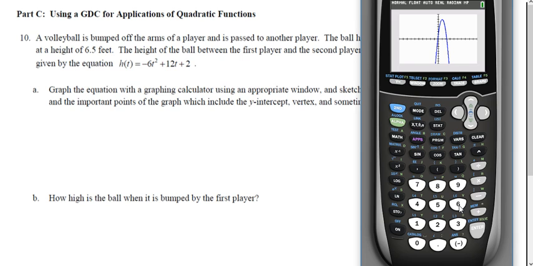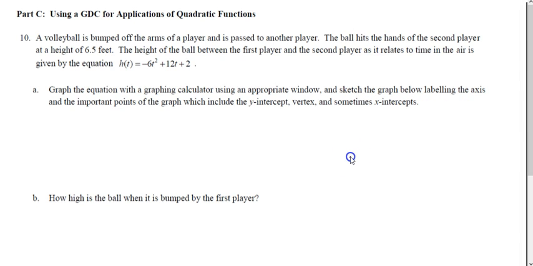Okay, so, ball, second player, what's the situation? Bumped off the arms of the player and passed, and the ball hits the hands of the second player at a height of 6.5 feet. Somebody's hitting the ball, they're bumping the ball. So they bump the ball at time 0. Whatever height it's at time 0, that's where they bumped it.